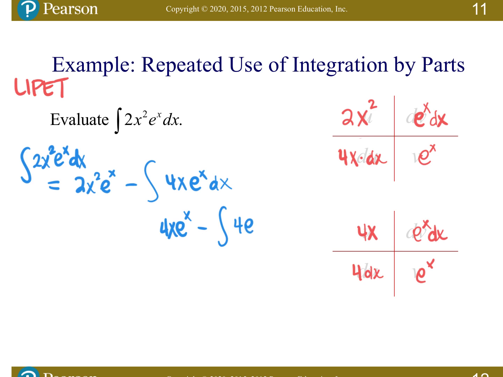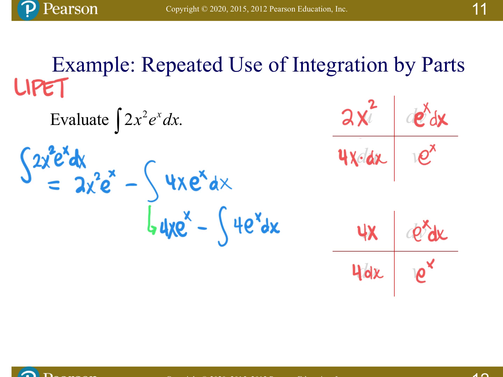I'll put the 4 in the front like that. Now she said that that came from this integral right here, and she is totally right. That integral, where I drew the green arrow from, produced all of that.